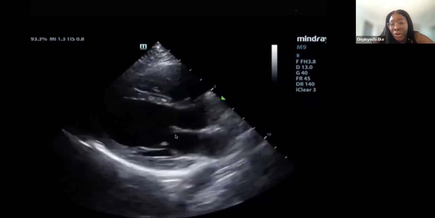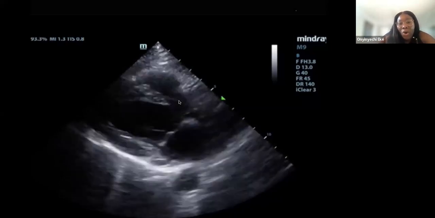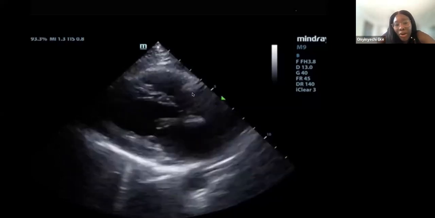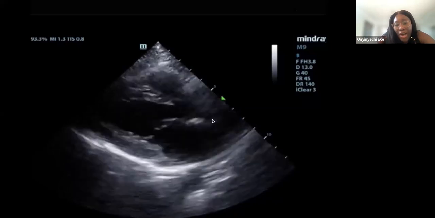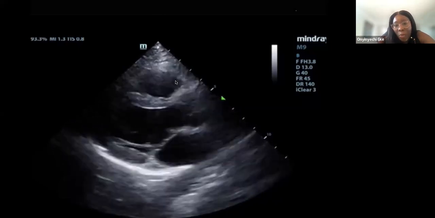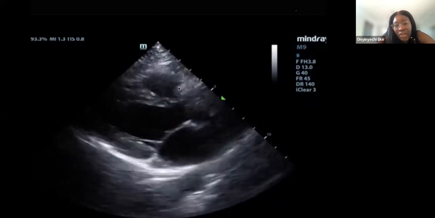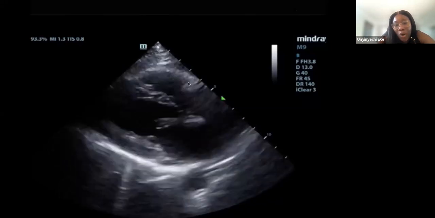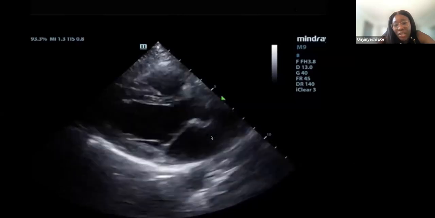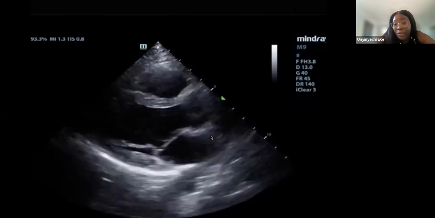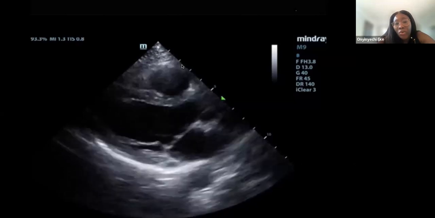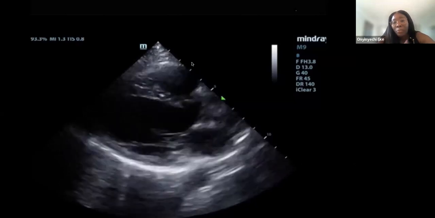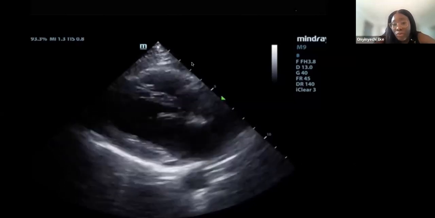Or ejection fraction. Now, on this view, we're able to appreciate the right ventricle, the outflow tract, and the left atrium. They should all be about the same size. So we say they should all be a third, a third, and a third. You can imagine if one is bigger than the other, then something is wrong, or something might be very wrong. If this looks bigger, it could be a sign of some heart strain.